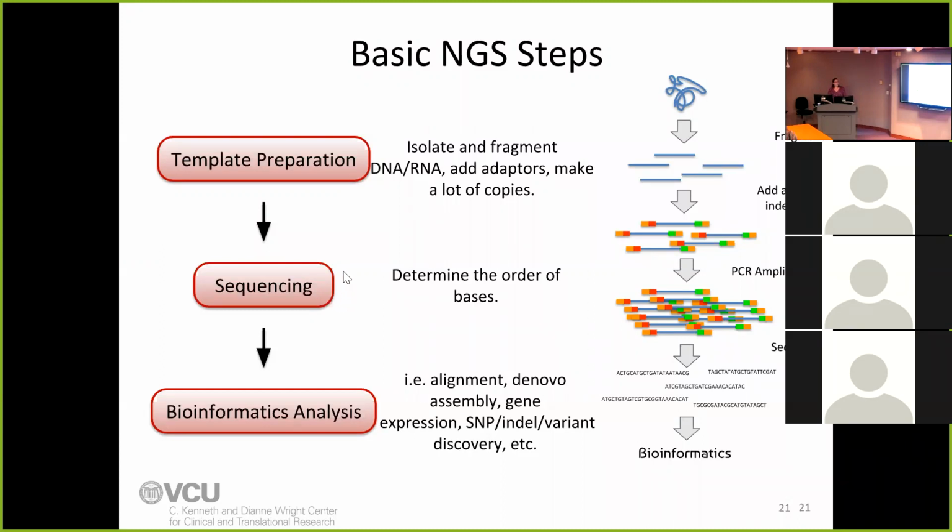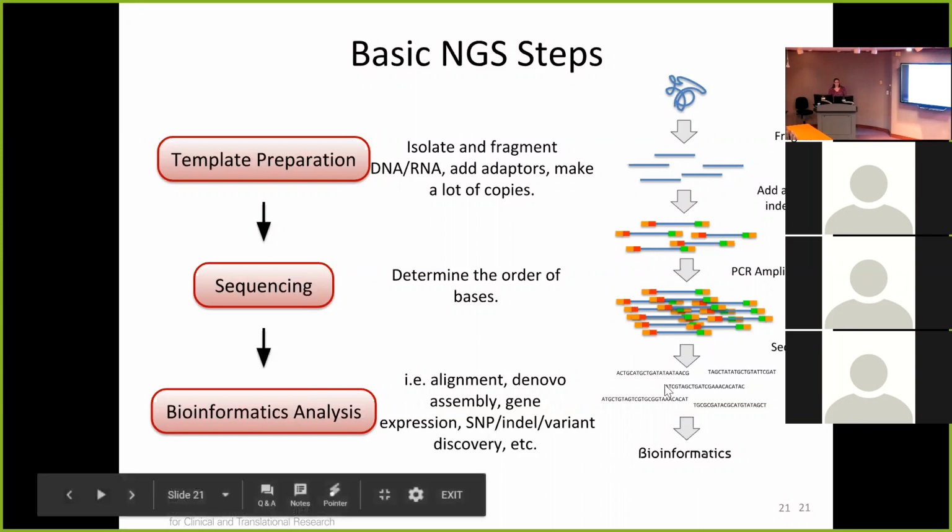So the general sequencing pipeline is you do template preparation, where you take your sample and you isolate the parts of it that you want to sequence and make lots of copies and put it on a slide. And then you do your sequencing, which determines the order of the bases. And then once you get your digital sequences out, then you can go into the bioinformatics analysis.